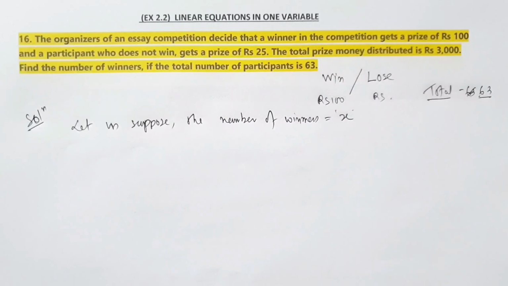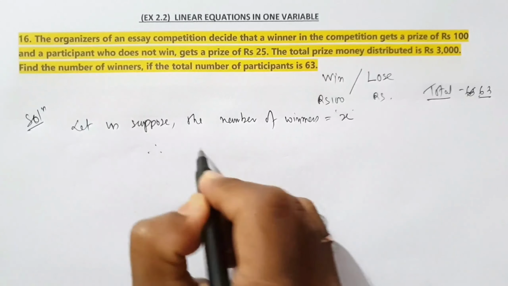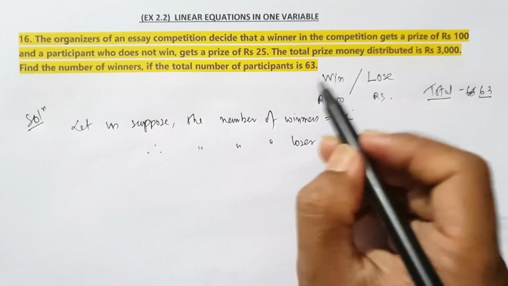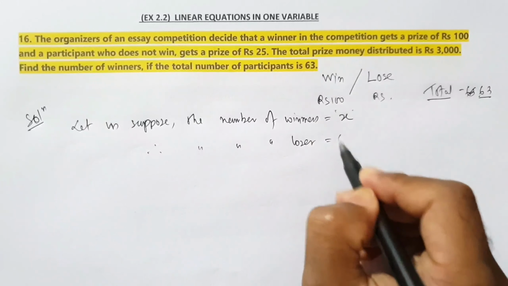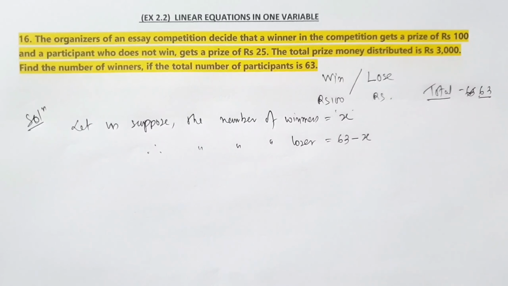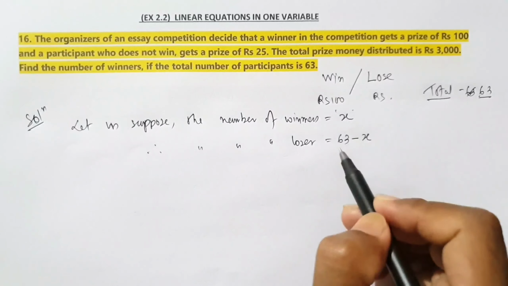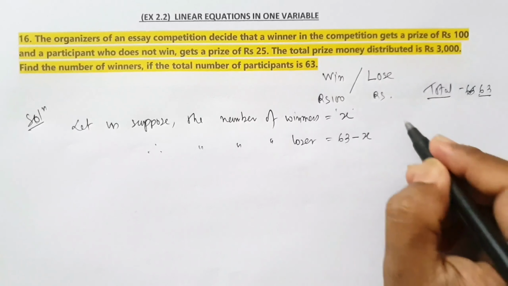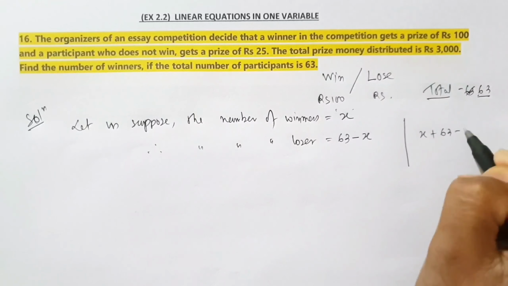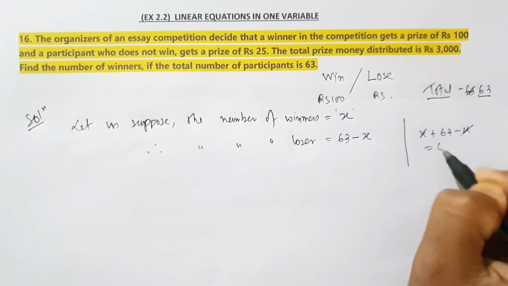So if the number of winners is x, therefore the number of losers will be, what is the total number? 63. So from 63, if we subtract the number of winners, we get losers. It means that if winners is x, losers will be 63 minus x. For better understanding, let us count both the winners and losers. It means that winners x and losers 63 minus x, and we get the total number of 63.